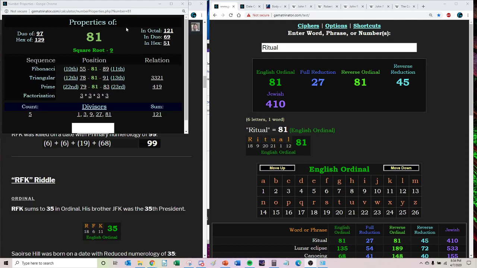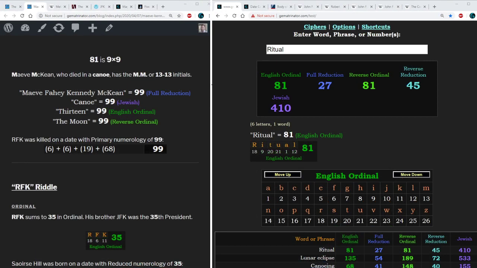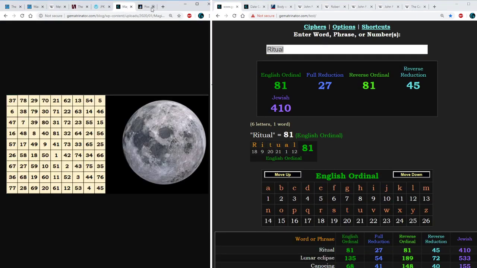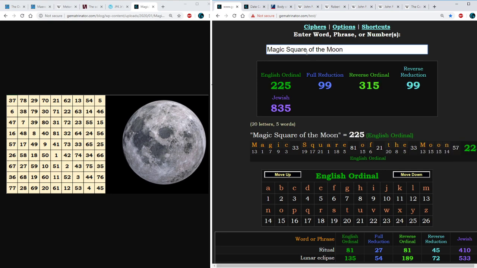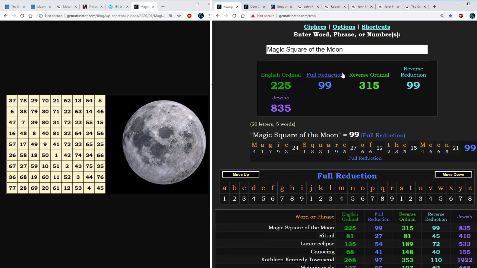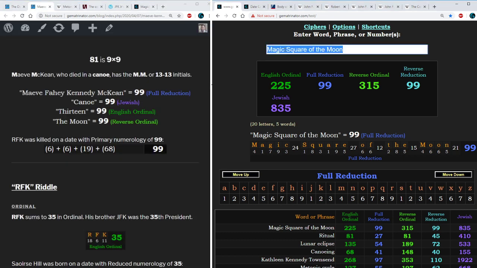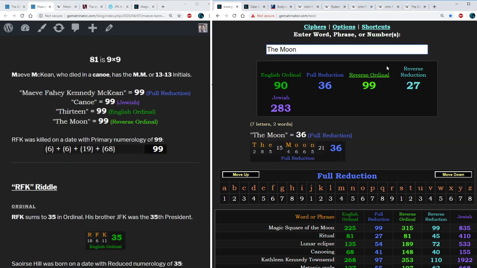Now, when we're looking at the number 81, we're also talking about the number 99. Of course, 9 times 9 is 81. A quick peek at the magic square of the moon reveals a 9 by 9 square. Magic square of the moon equals 99 in both reduction methods. The moon equals 99.